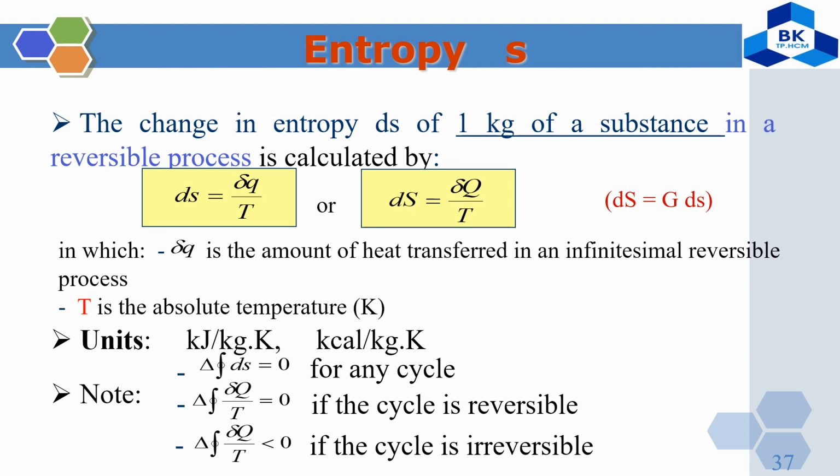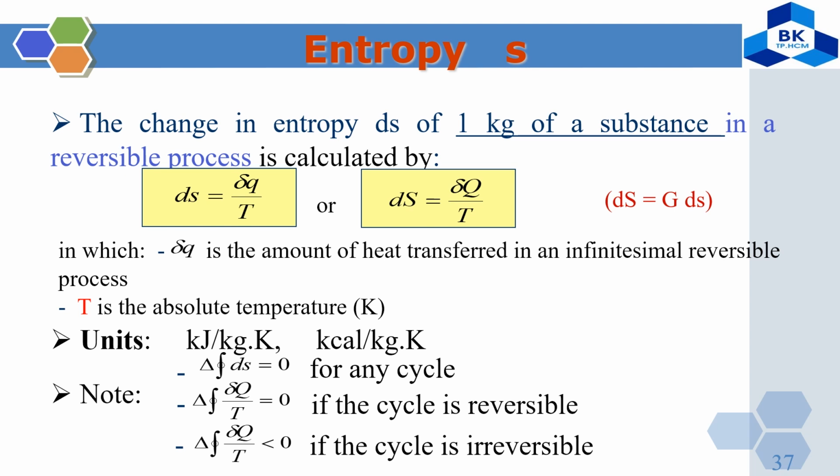And again, because entropy is one kind of energy-related property, the unit will be kilojoule per kilogram per Kelvin, or kilocalories per kilogram per Kelvin.